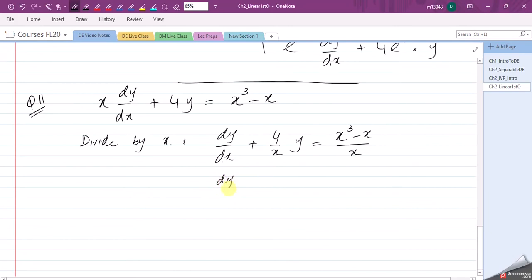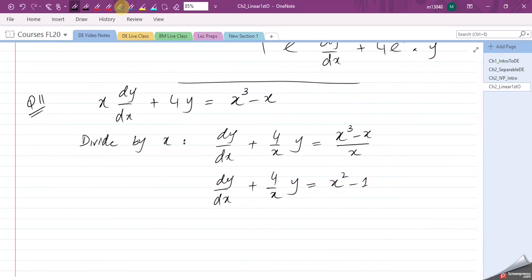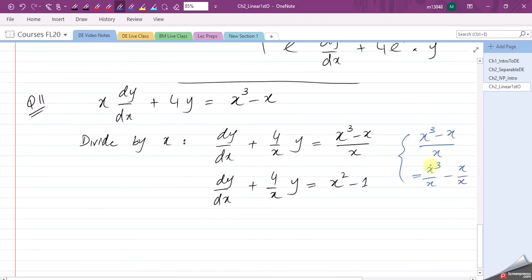You can write this again just to make your life easier, equals x square minus 1, because x cubed minus x over x can be written as x cubed over x minus x over x. That becomes x square minus 1. So our p of x, from here, is 4 by x.